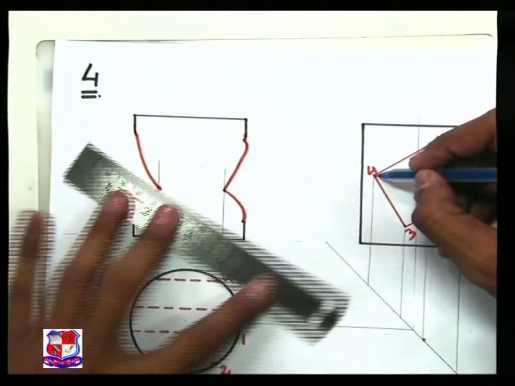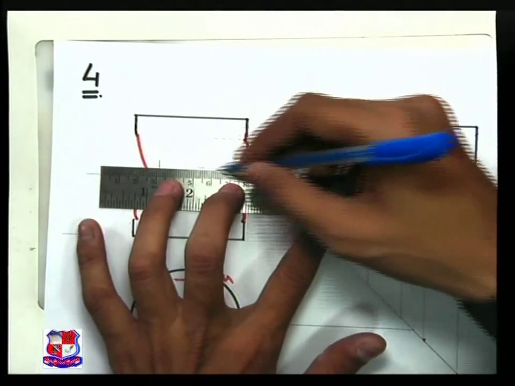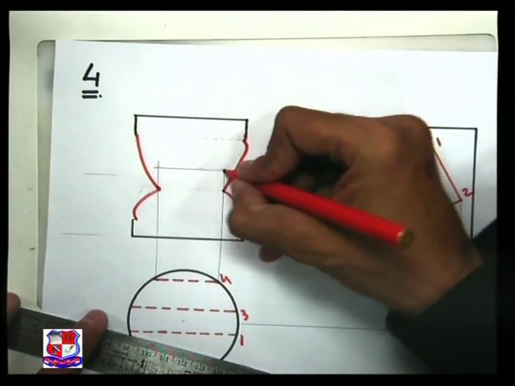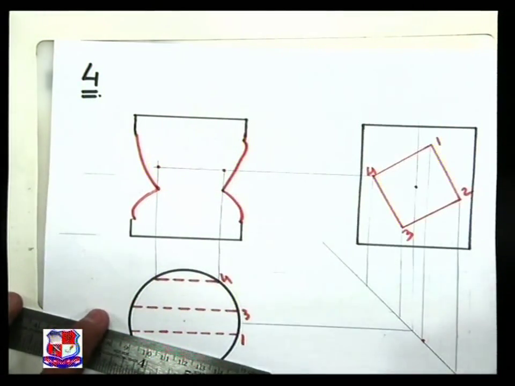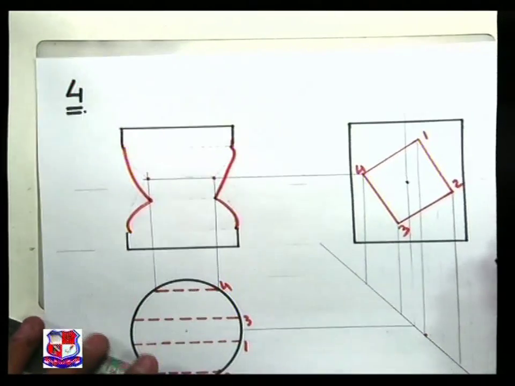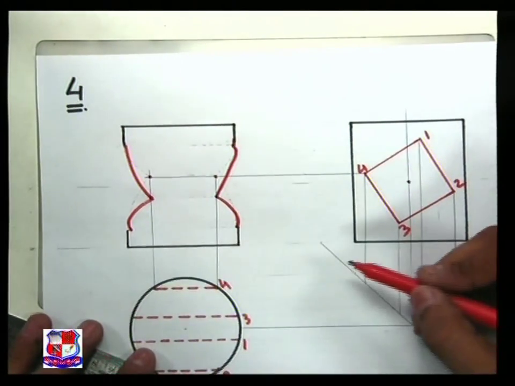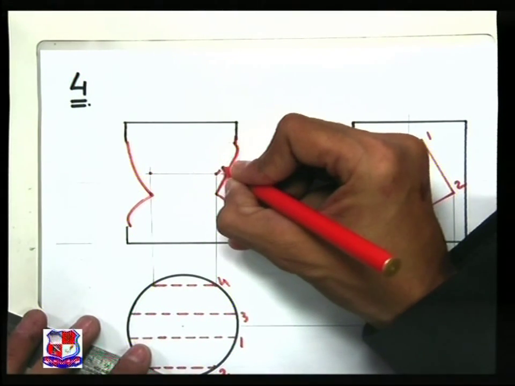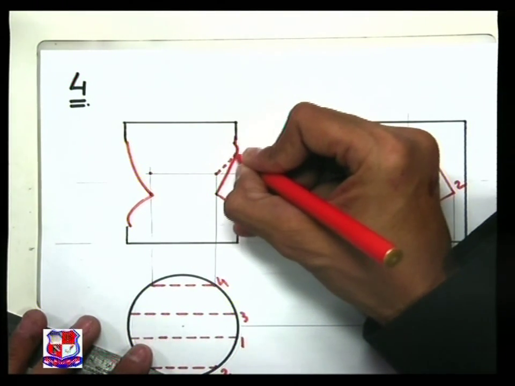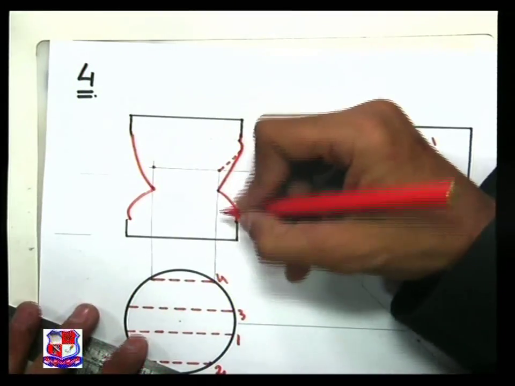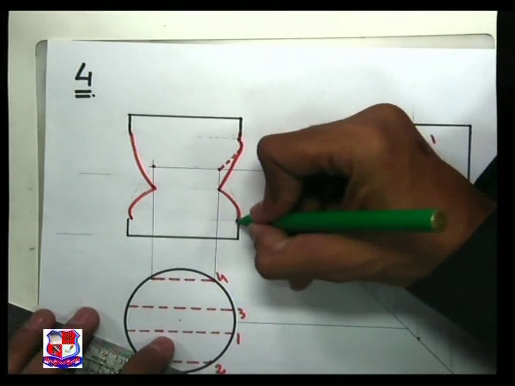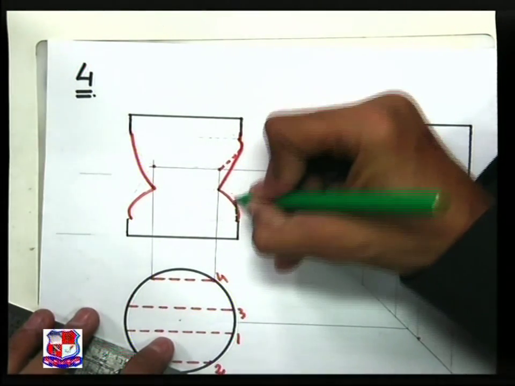Now from point number 4 draw a straight horizontal line, and both will cut at 2 points. One point is here, another point is here. That is on the back side of this cylinder, so it will not be visible. So join all these points with a smooth curve and with a dotted line, because it will not be visible. Let me use another colored pen to differentiate between these two sections.